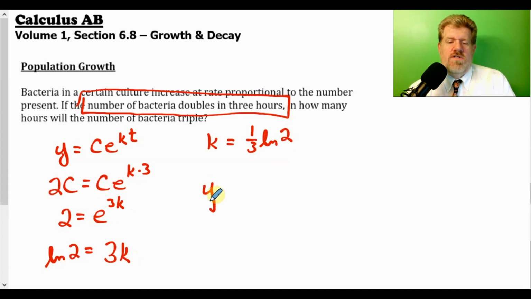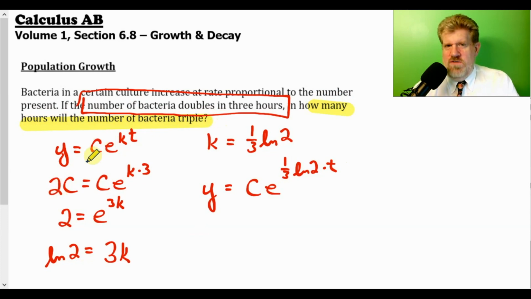So my equation that I have so far is C e to the 1/3 natural log of 2 times T. Now can I answer my question? The question being, how many hours will the number of bacteria triple? So I didn't really have to know how much I started with, because I'm doubling it and I'm tripling it.